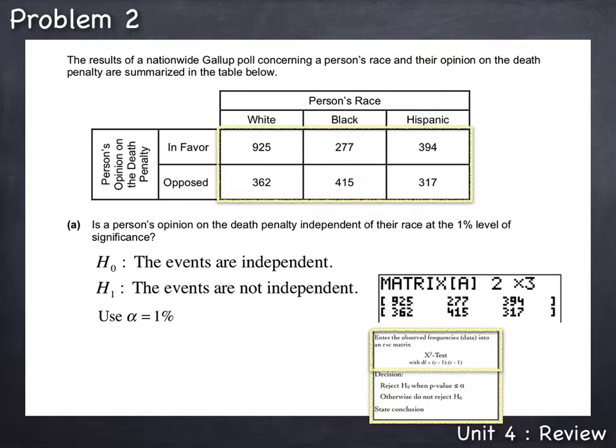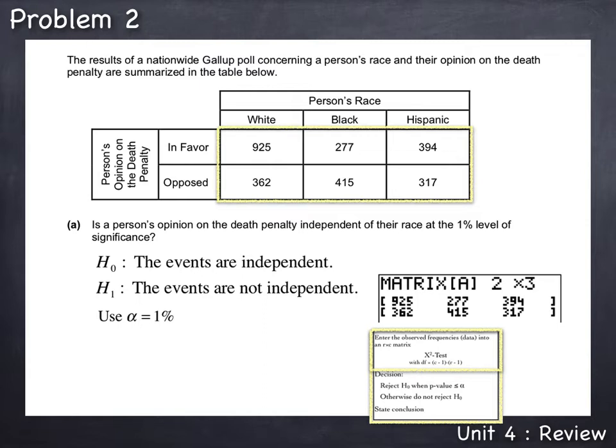Before we enter the actual observed frequencies into the matrix, we have to tell the calculator the dimensions or size of our matrix. That is, we have to tell the calculator how many rows and how many columns the data in our table displays. In this problem, the rows, which are represented by the person either being in favor or opposed to the death penalty, has 2 rows.